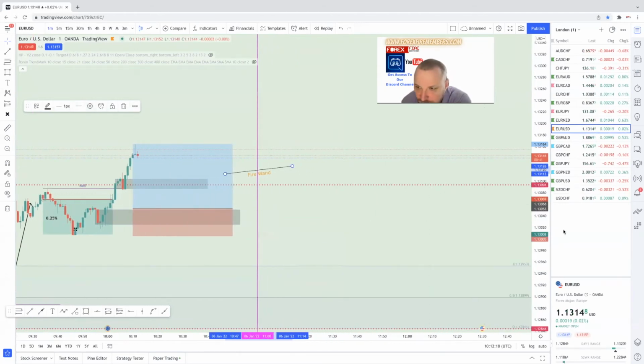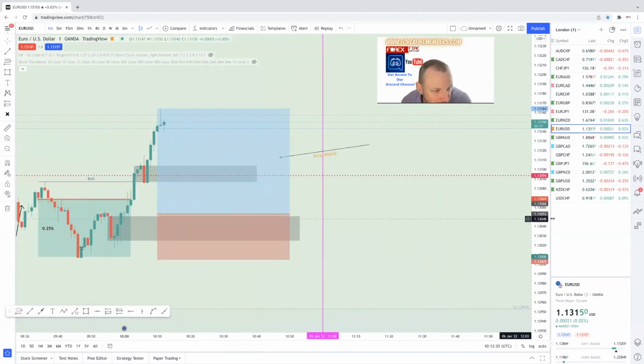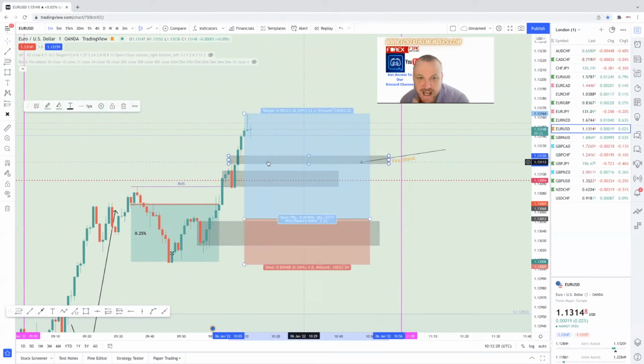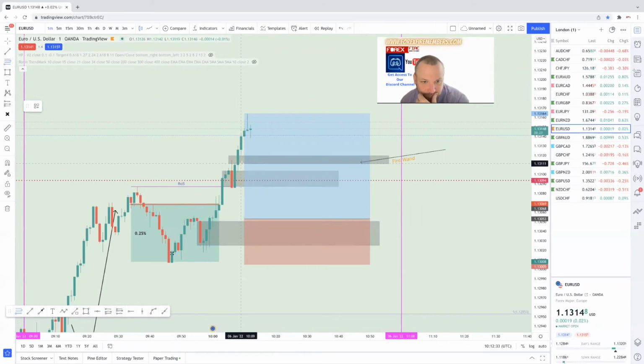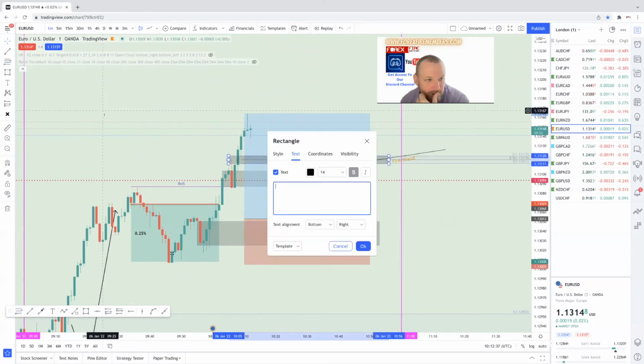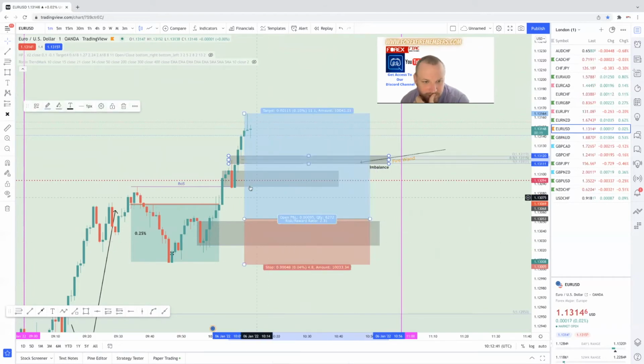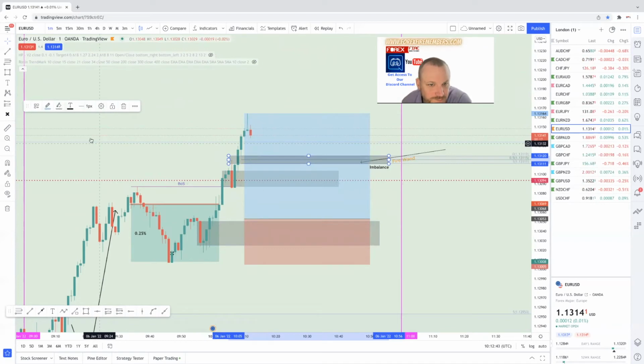Again, we speak about imbalance and things like that, okay? Just watch how these areas hold, so that they're imbalanced. Okay.